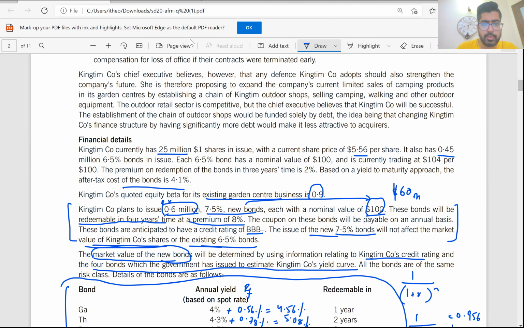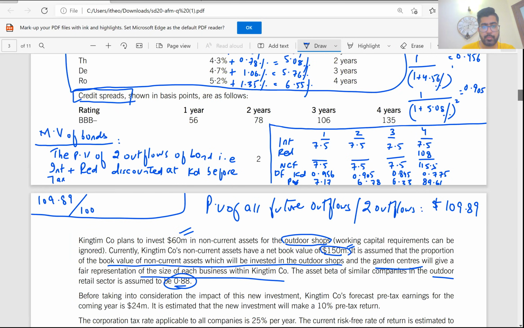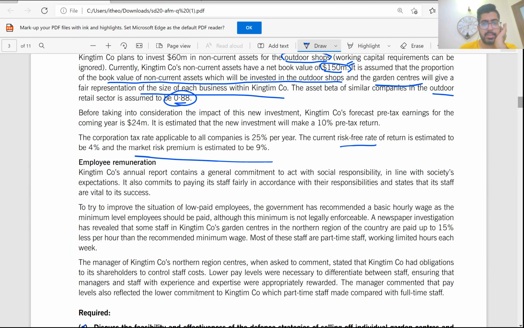The CEO's proposal is to expand the company's current limited sales by establishing a chain of outdoor shops. The establishment of the chain of outdoor shops will be funded by debt. So, the impact of the CEO's proposal on after-tax earnings.